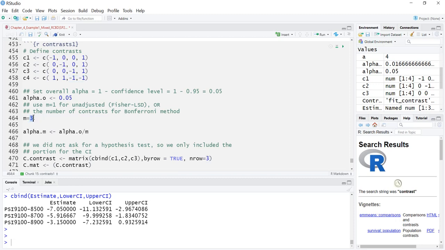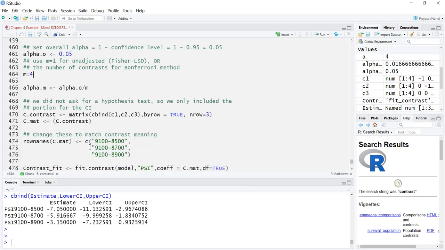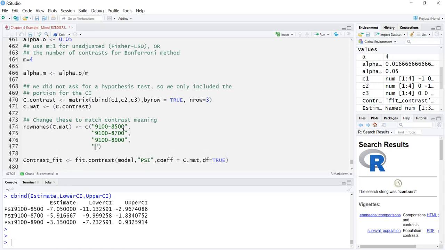I'm going to change M to 4. Now, if I want Bonferroni, now I don't have 3 names, I have 4 names. Those 3 are the same. I need to add another one.